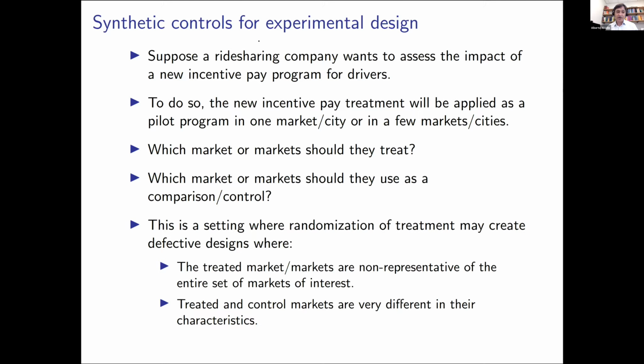So you may decide, okay, I'm going to apply a pilot program in one market or one city, or in a few markets and cities, and see what happens there.